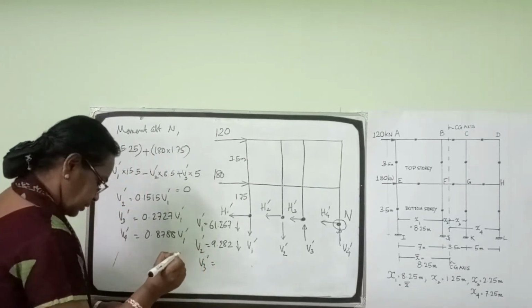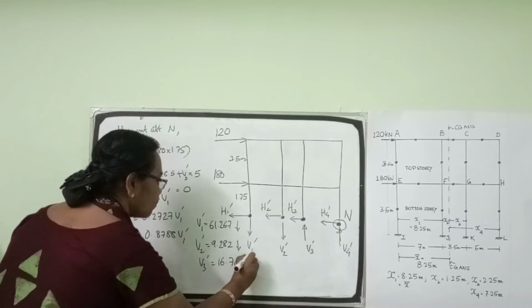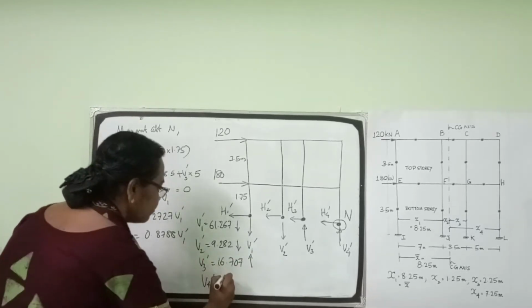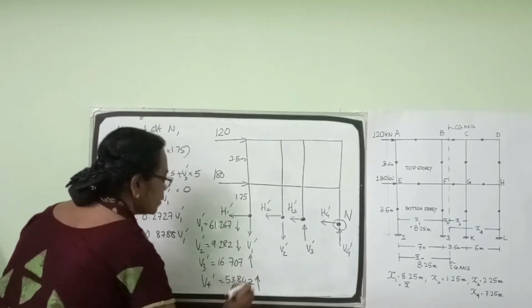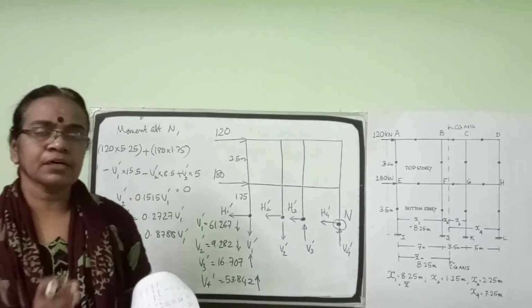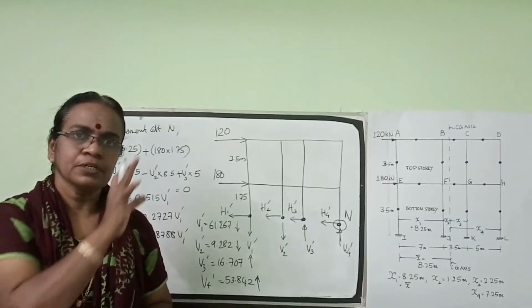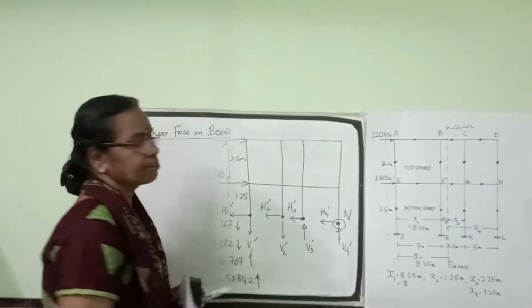V3 dash 16.707 upwards, and V4 dash 53.842 upwards. So thus, under the first step, we have got the axial forces in both the top story columns and the bottom story columns.